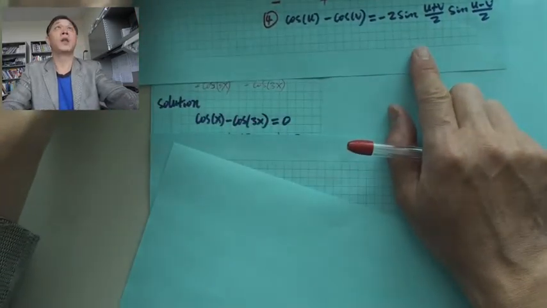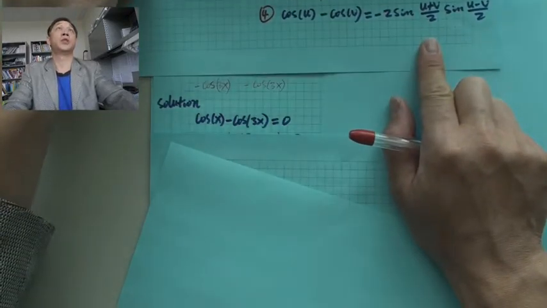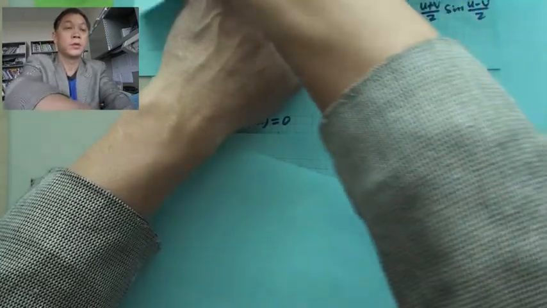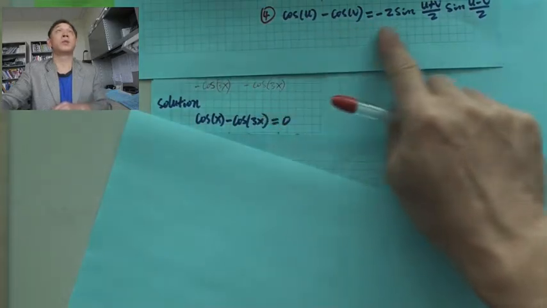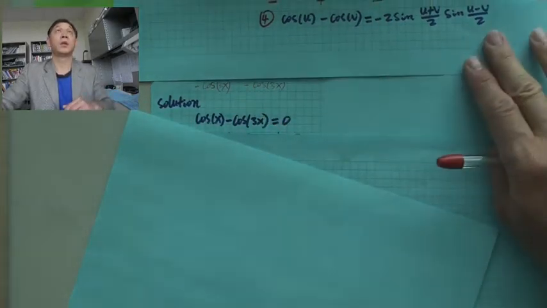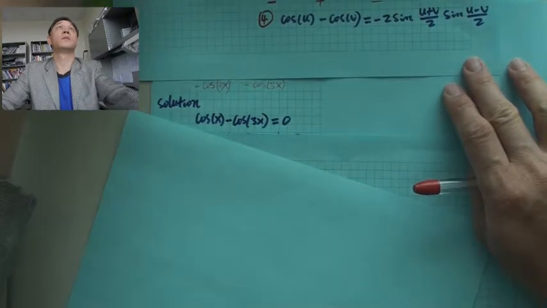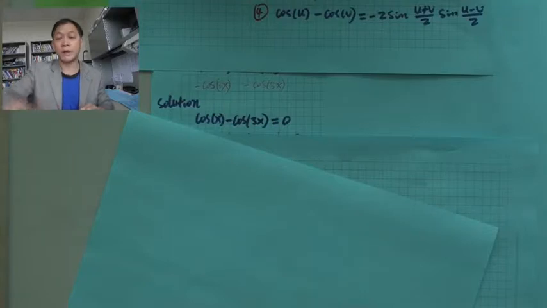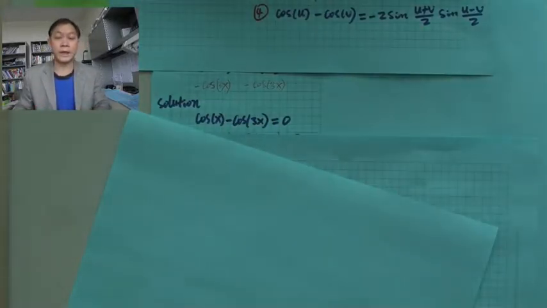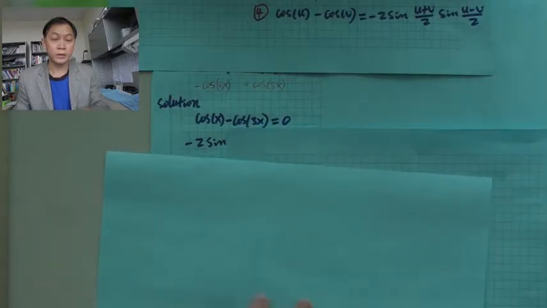I just want to show this formula, so I want you to look at it. Now you should have a negative 2 sine.